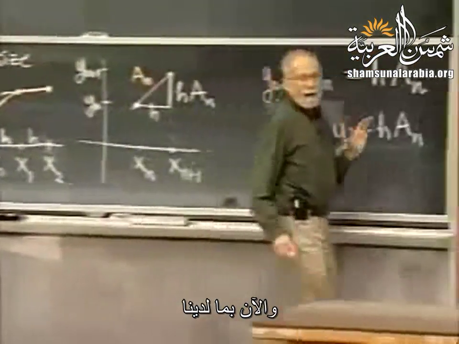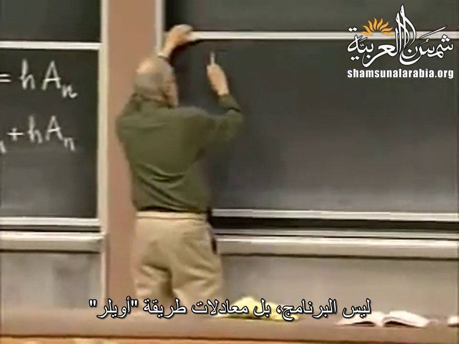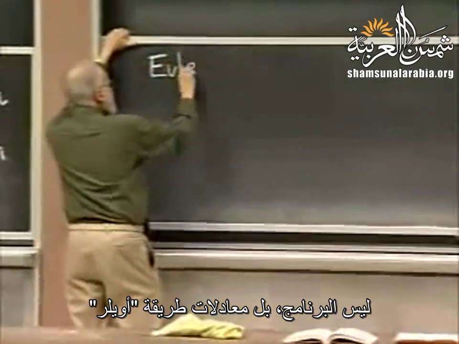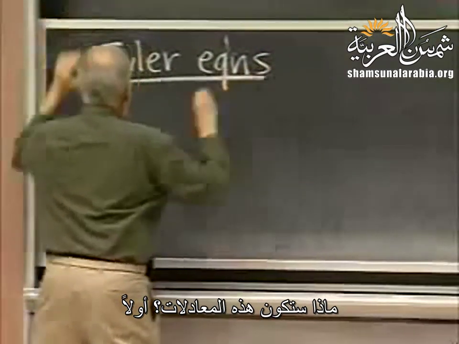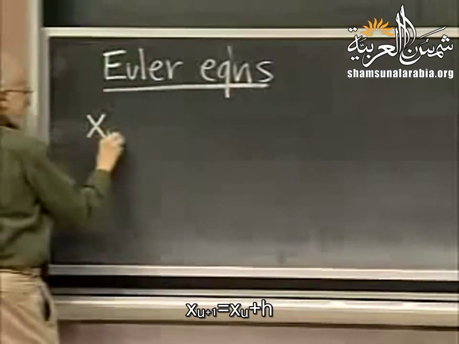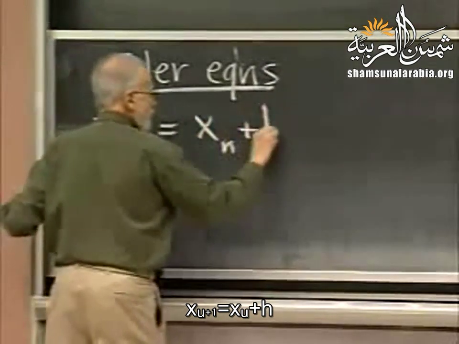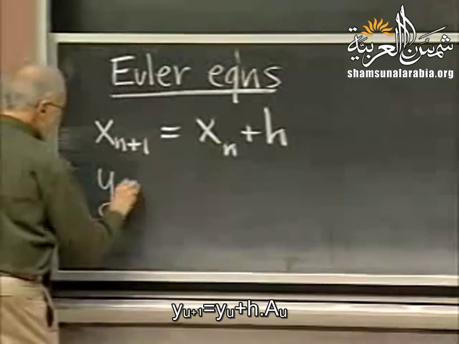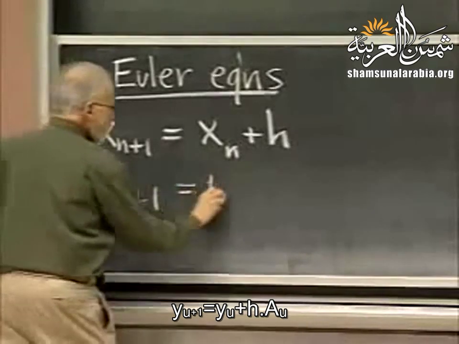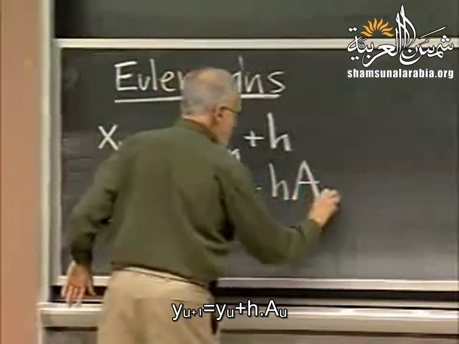So now, with that, let's actually write the Euler program. Not the program, but the Euler method equations. Let's just call it the Euler equations. What will they be? First of all, the new x is the old x plus h. The new y is just what I've written there: the old y plus h times a certain number an.